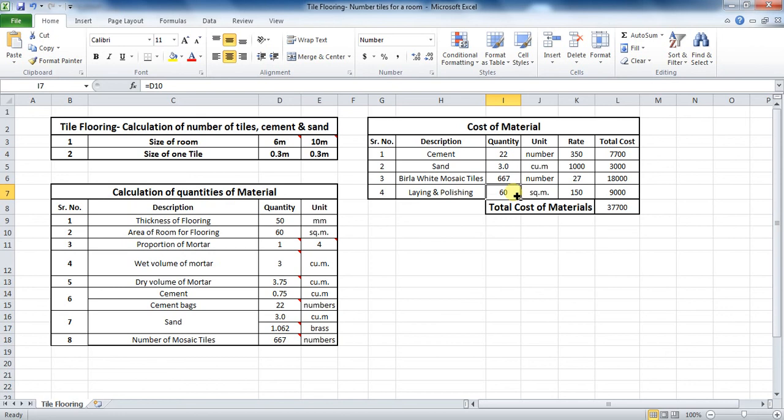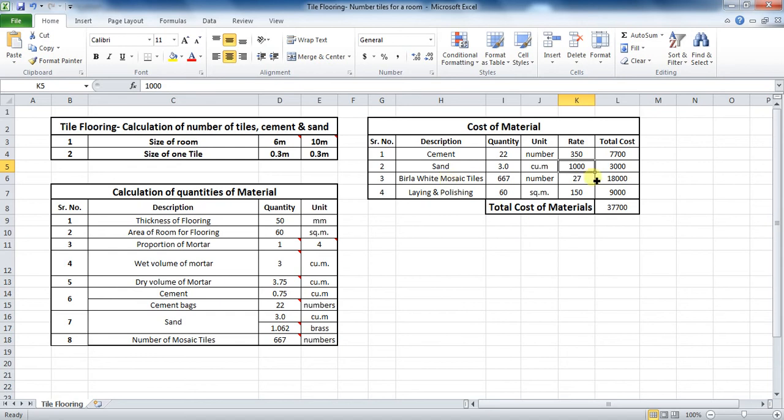For the tile flooring, I have considered the Birla white mosaic tiles. And for laying and polishing of tiles, the quantity is same as area of room, which is equal to this cell D10. Units will also be same. I have taken the rate of one bag of cement as 350 rupees, rate of sand as 1000 rupees per cubic meter.